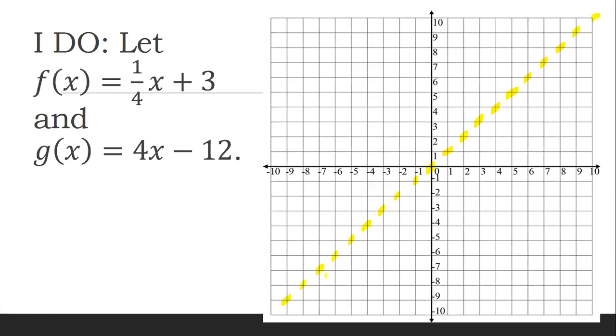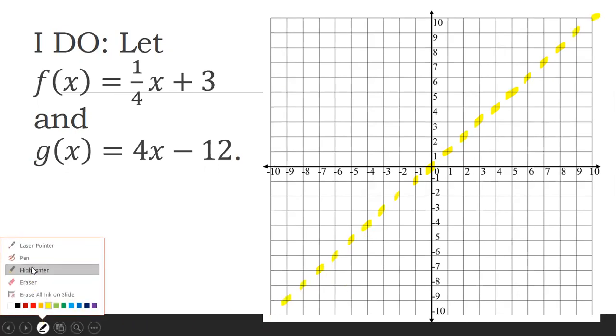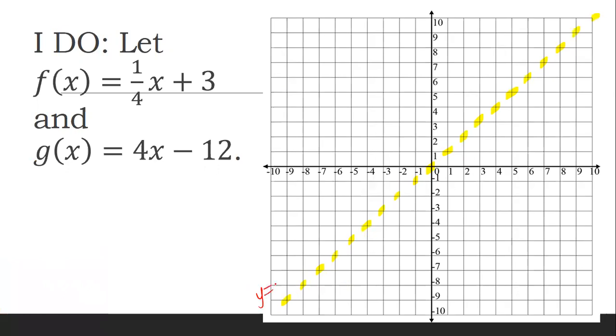So here's my y equals x line. Now I'm going to graph 1/4 x plus 3. I start at plus 3, so I'm starting at 0, 3, and my slope is rise 1, run 4.